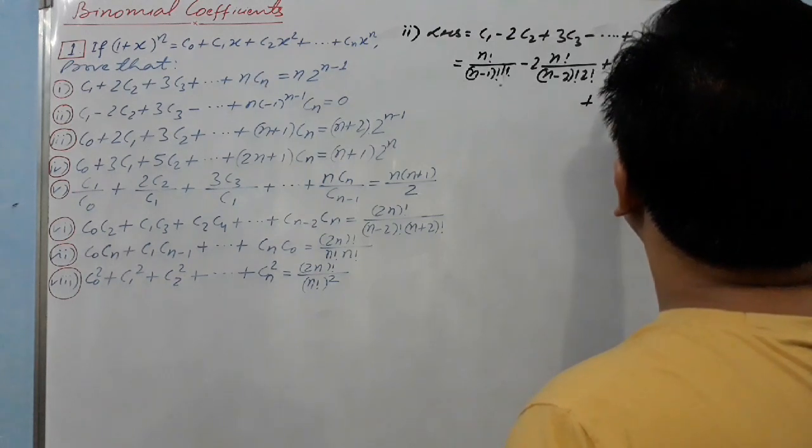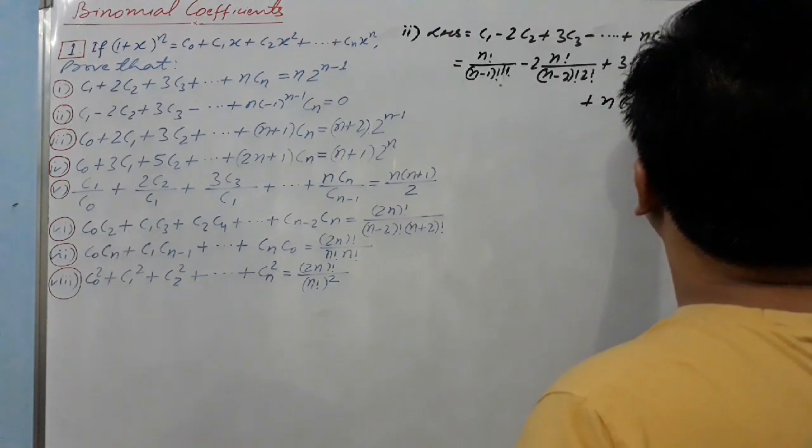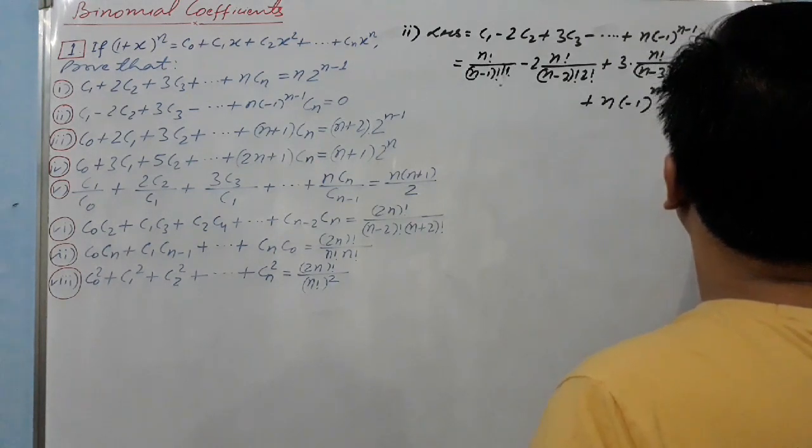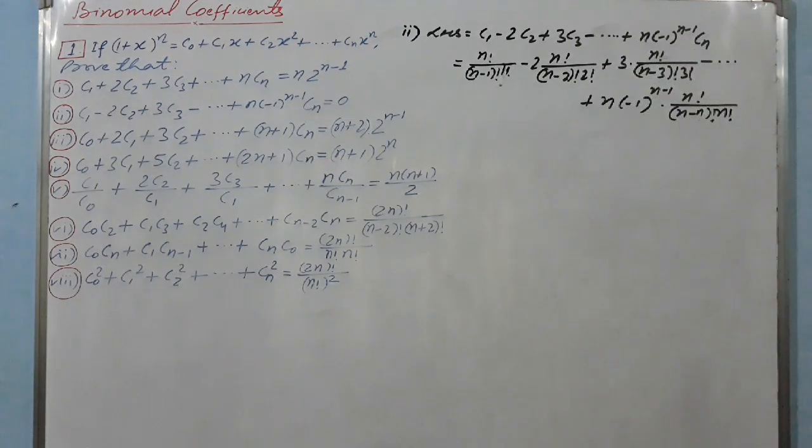I'm going to write here, for lack of space, minus 1 raised to power n minus 1, n factorial over n factorial.